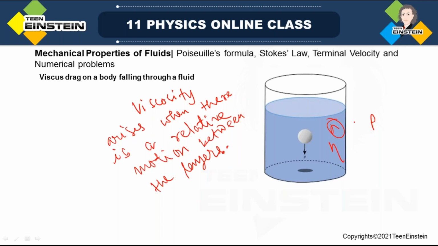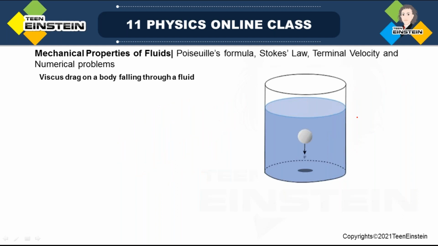How does this viscosity arise if the fluid is at rest, with no motion? How do you get the effect of viscosity on this ball? As such, there is no relative motion, so no viscosity.